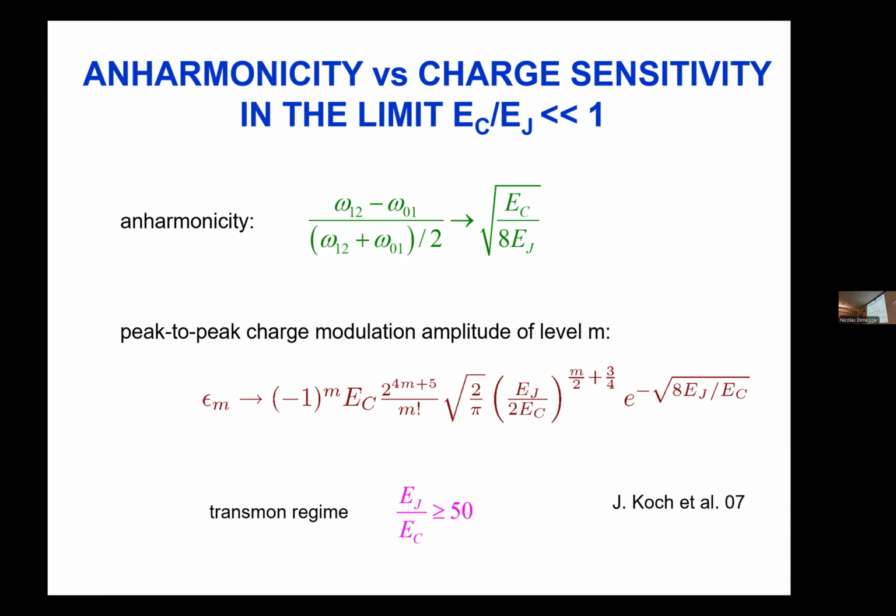So you really win when you attain this transmon regime. In the regime where the anharmonicity becomes negative, even though you're losing in anharmonicity, you're not losing as much as you gain in essentially becoming insensitive to the charge offset. So that's the merit of the transmon. It's a Cooper pair box in which you can forget about charge offset.